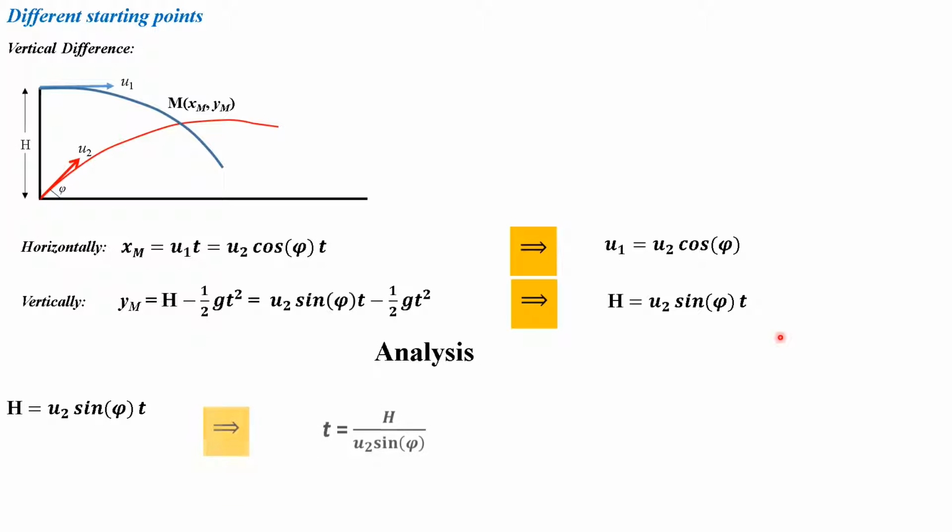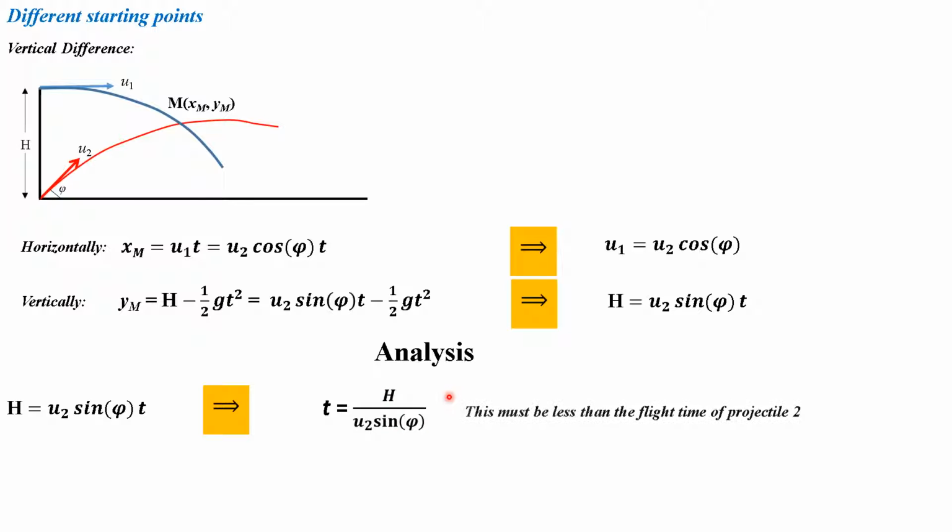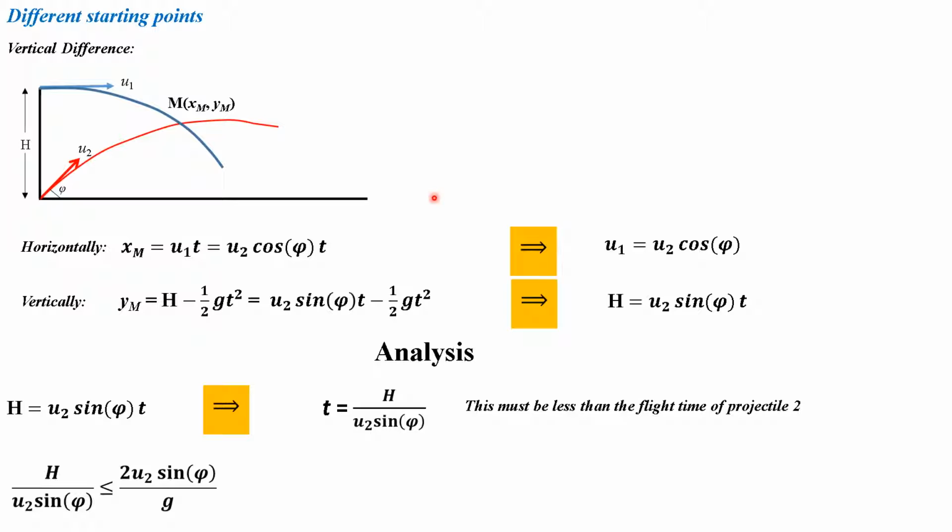Here t can be the subject in terms of that, h divided by u2 sine phi. And then this definitely must be less than the time of flight of the second projectile, otherwise they will not meet. And if you simplify this, you will get this inequality expression, or it can be written in a simple format, h is smaller than or equal to 4y.